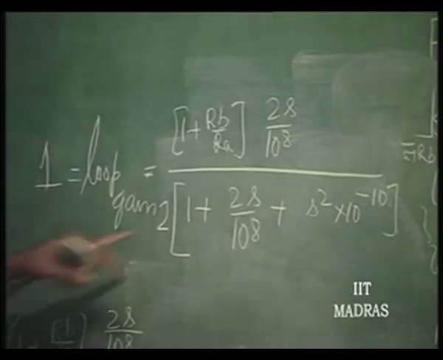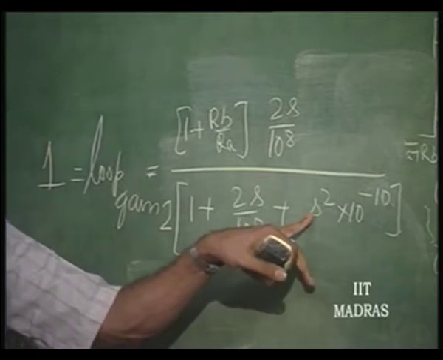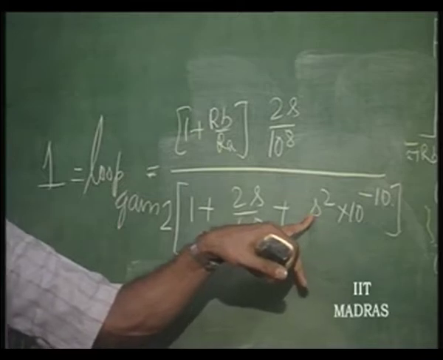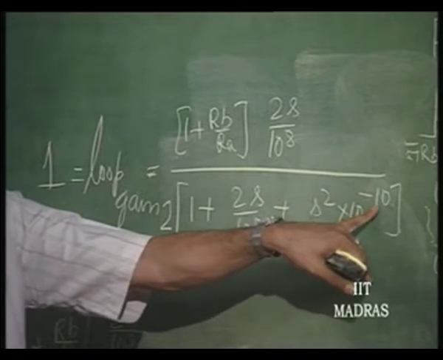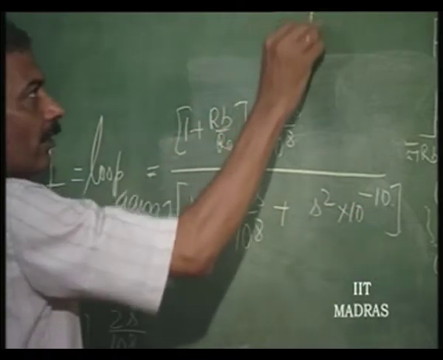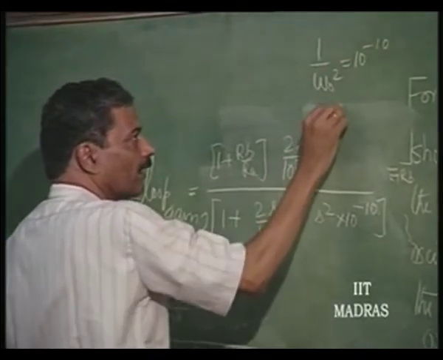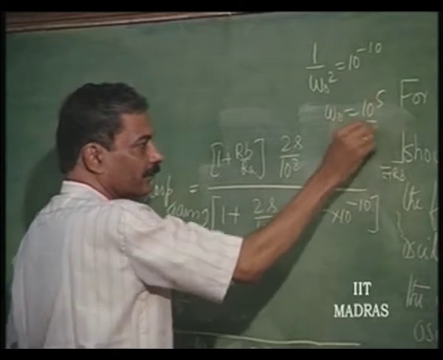And we said the coefficient of s squared here is going to be 1 over omega naught squared, which is called the resonant frequency in the case of filters. Okay. So, you can see that 1 over omega naught squared is 10 to the power minus 10, or omega naught is equal to 10 to the power 5, which we have got.